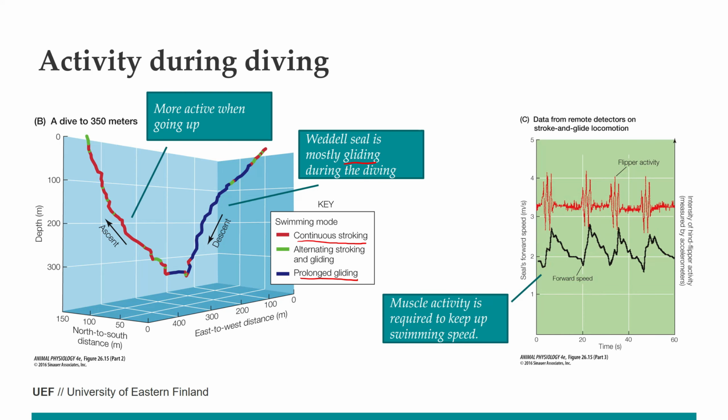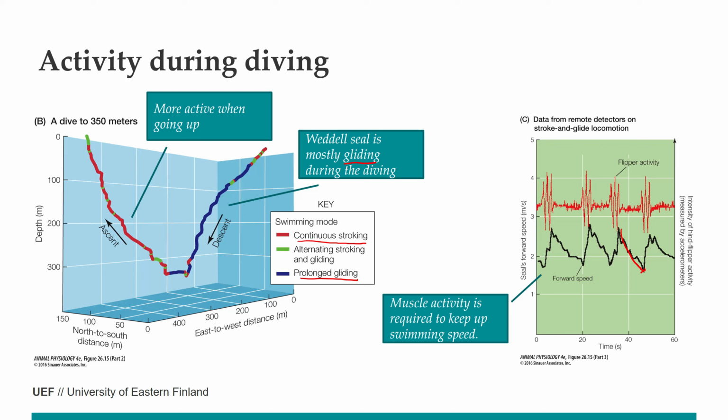And when they are having this muscle activity, that increases the speed. During the time of the flipper activity, you are increasing the speed, and then during the glidings, the speed is reduced.